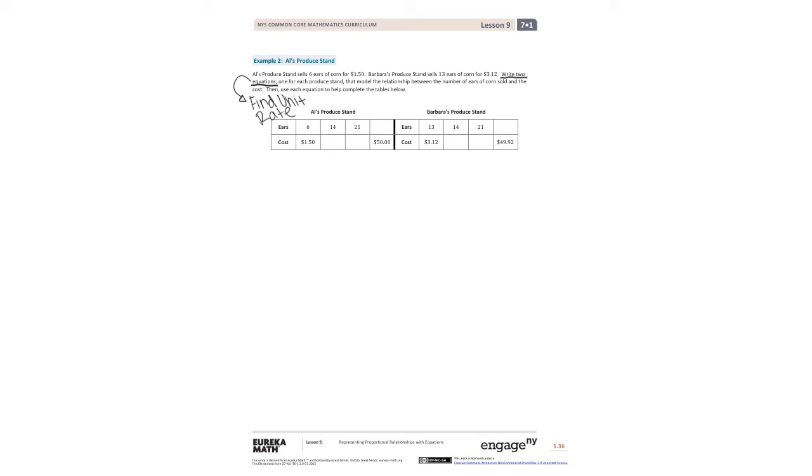To find our unit rate, we need to decide, do we need to know how much corn we can get for $1 or how much 1 ear of corn costs? Whatever we want one of, that is going to be our x. And to find how much 1 ear of corn is, we have to take 1.50 and divide it by 6.